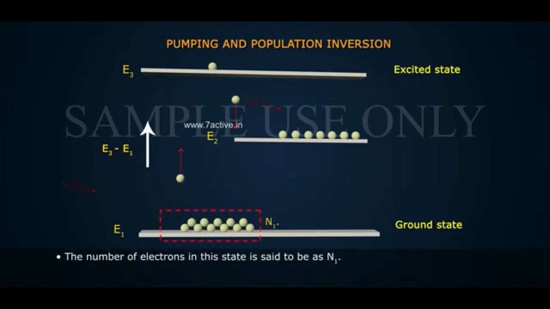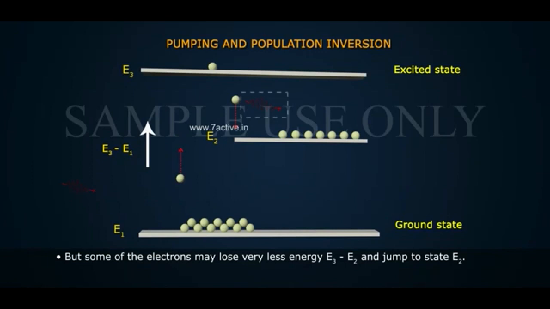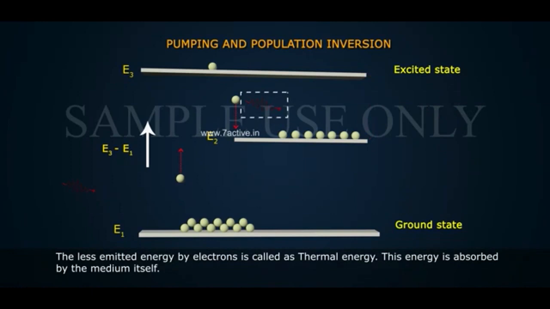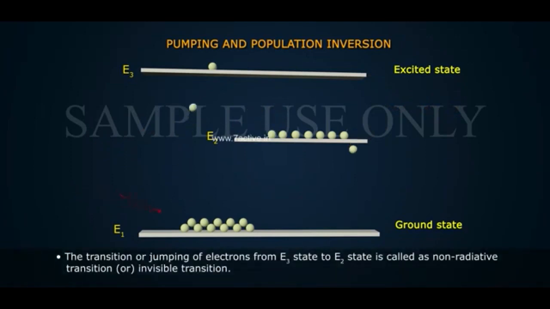The number of electrons in this state is said to be N1, but some of the electrons may lose very little energy, E3 minus E2, and jump to state E2. The small emitted energy by electrons is called thermal energy. This energy is absorbed by the medium itself. The transition of electrons from the E3 state to the E2 state is called a non-radiative transition or invisible transition.